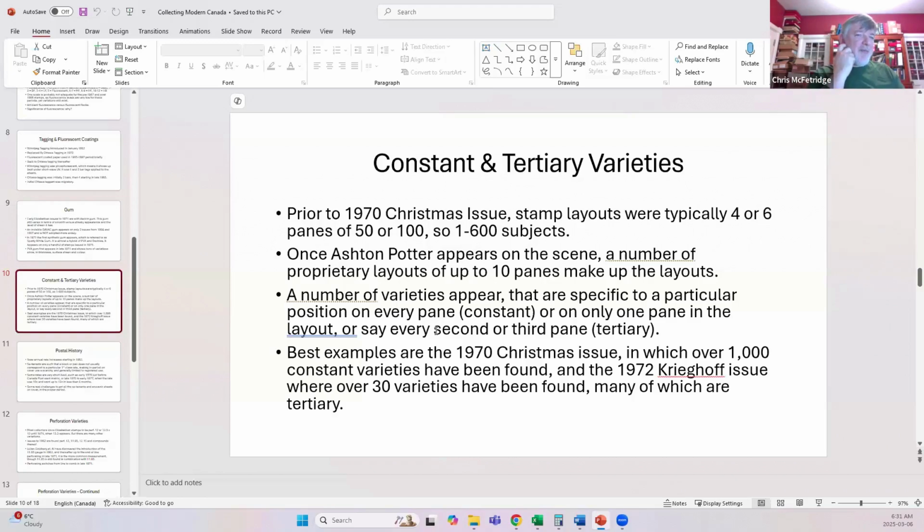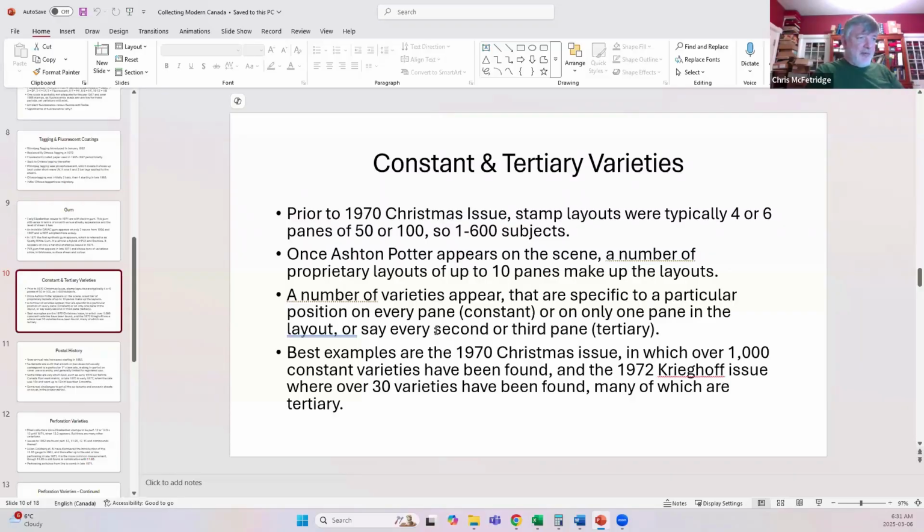So it's really fascinating to get into, because when you're studying the different varieties, the ones that don't occur on every sheet give you some clue into how many sheets must have been in the layout to produce the varieties. It's a little difficult to explain, but that's the general gist of collecting and the significance of collecting modern flaws, is trying to decipher those different print layouts.